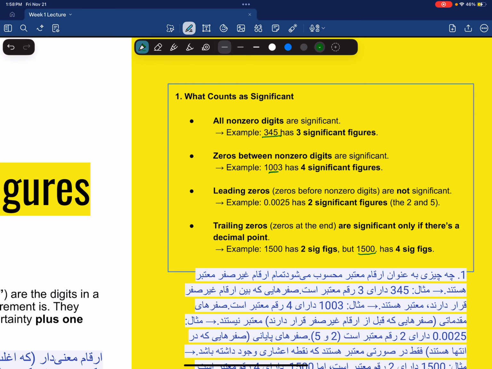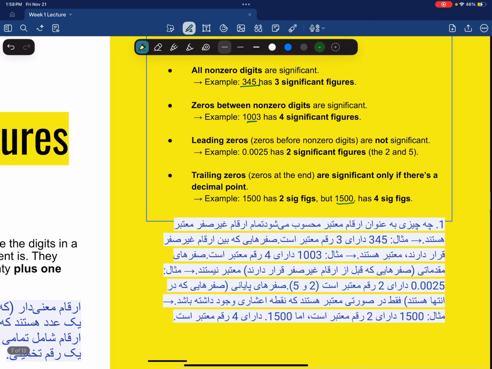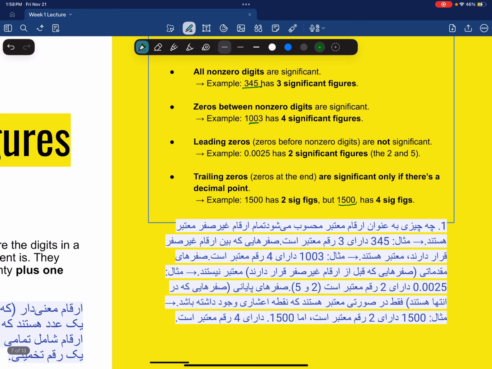The next thing is going to be leading zeros. So leading zeros are anything that doesn't have a non-zero digit in front of them. They're just a bunch of zeros and then 2, 5. The only ones that are significant are the non-zero numbers. Any leading zeros before non-zero digits are not significant.